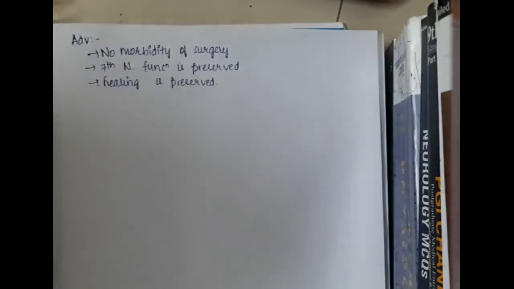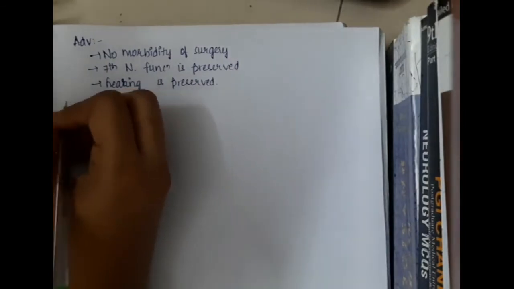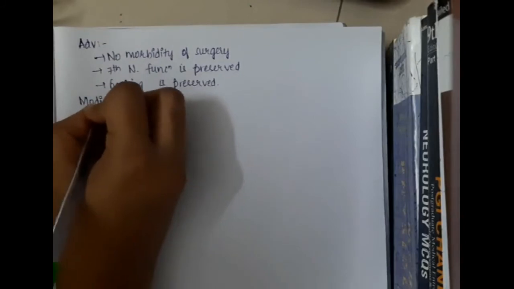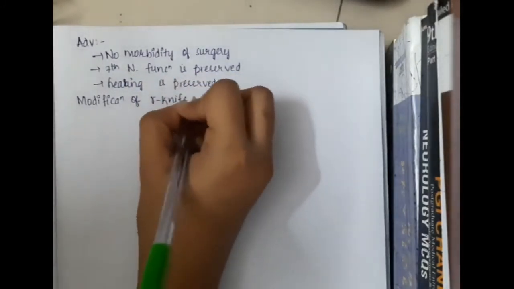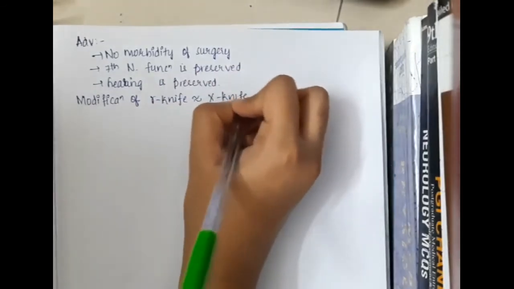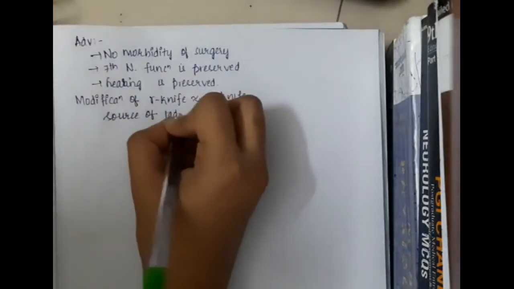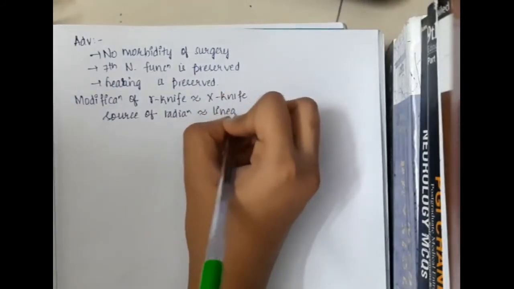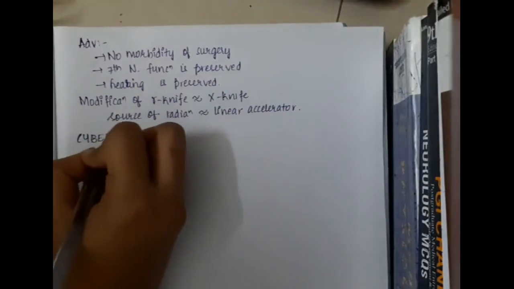A modification of gamma knife is the X knife. The source of radiation here is a linear accelerator.